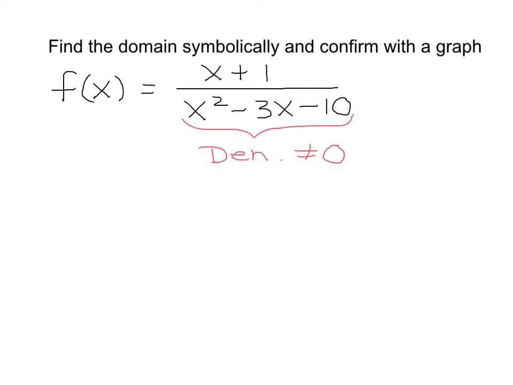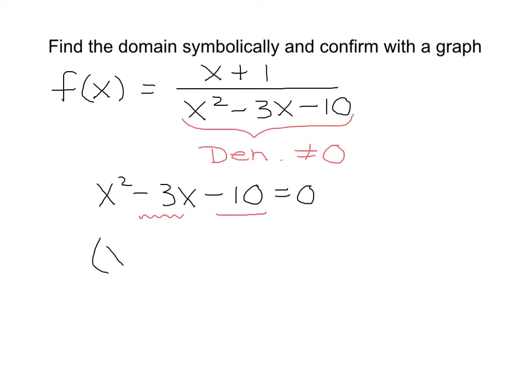So we'll start by rewriting the denominator, x squared minus 3x minus 10, and try to first figure out where it equals 0. And that'll be our trouble spots, or places that we want to exclude from our domain. And in this case, we have a quadratic equation, so it's most simply solved by factoring. So we're looking for two numbers that multiply to negative 10 and add to negative 3.